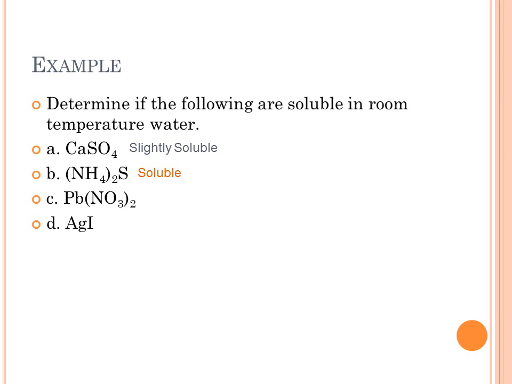All nitrates are soluble, so soluble. Silver iodide. Iodides were generally soluble, but silver was on the list of exceptions, so it's insoluble. This has been a brief tutorial on electrolytes, acids and bases, and water solubility.